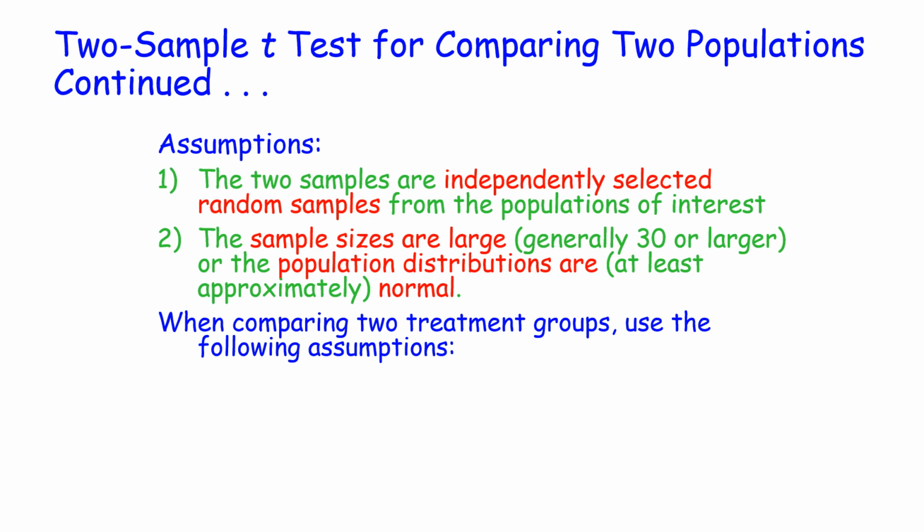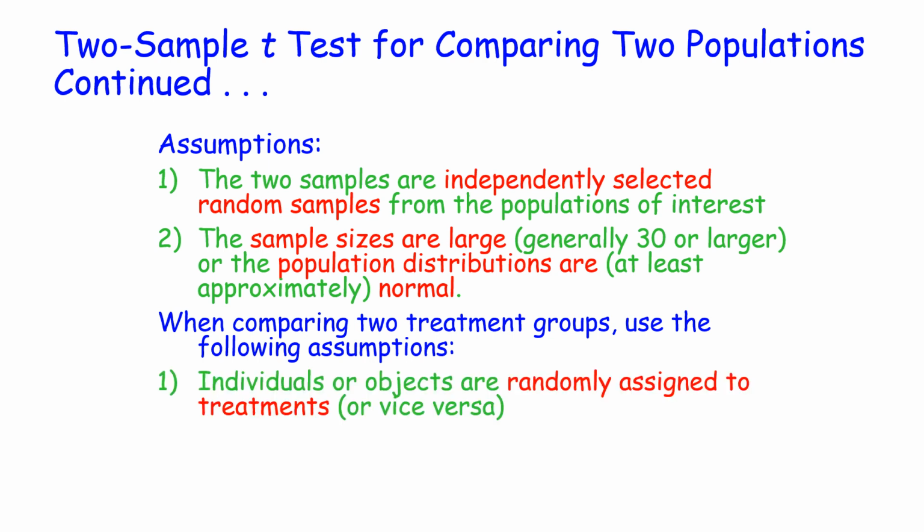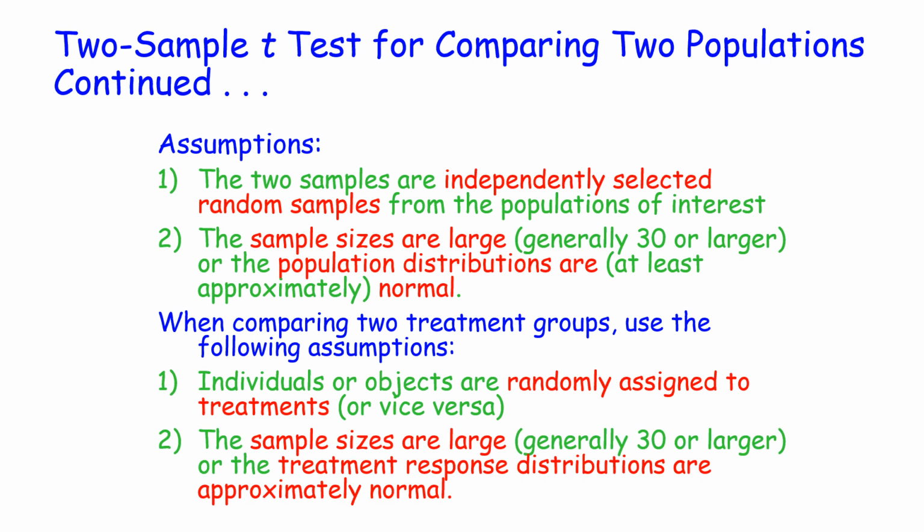Now, when comparing two treatment groups, you want to use the following assumptions. First, that the individuals or objects are randomly assigned to treatments, or vice versa. And second, that the sample sizes are large, so generally 30 or larger, or that the treatment response distributions are approximately normal. Let's take a look at an example.